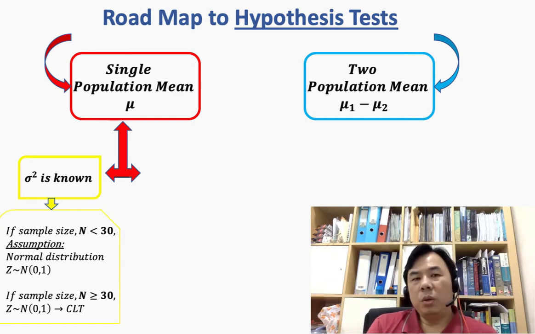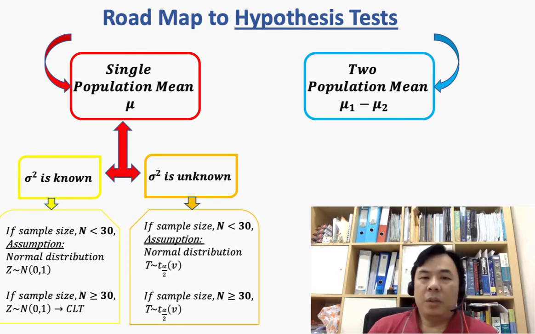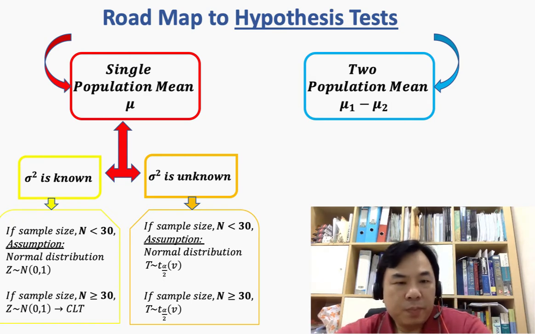We could also have another condition, the more realistic one, where the population standard deviation or population variance is not given. This is the more practical case. So what should we do? The same process applies: we also need to assume that it is normally distributed.